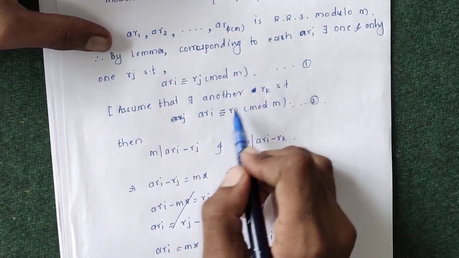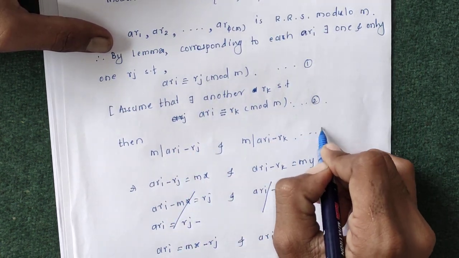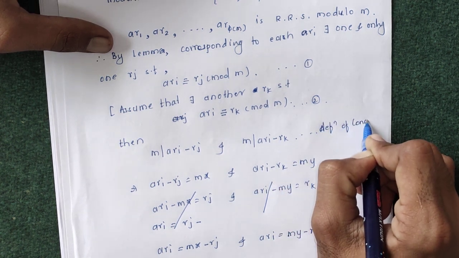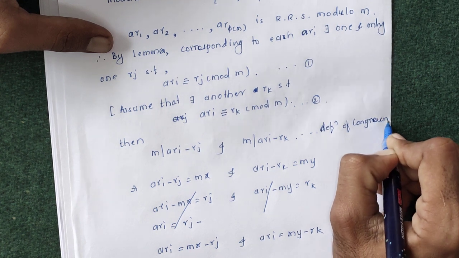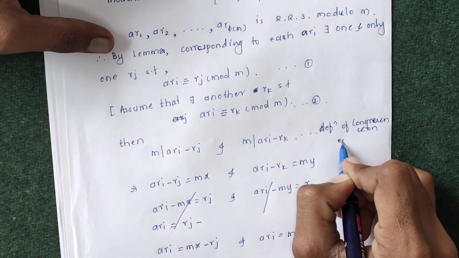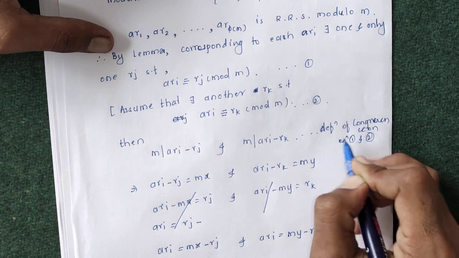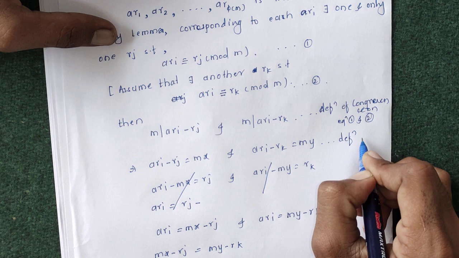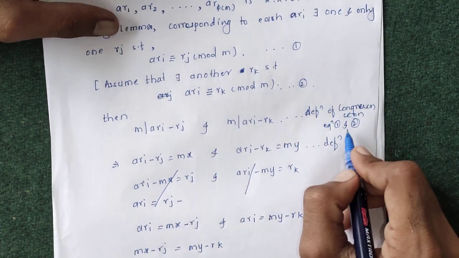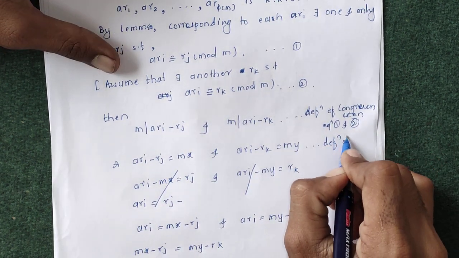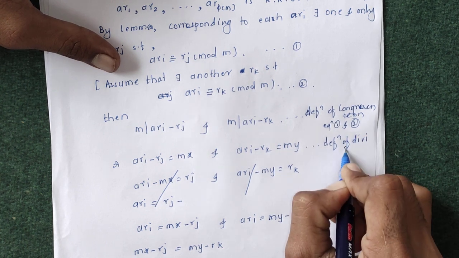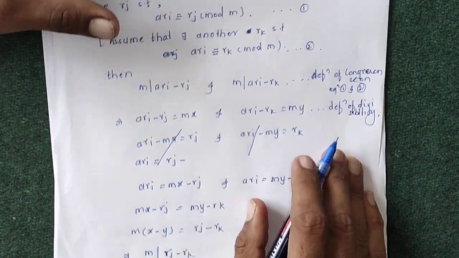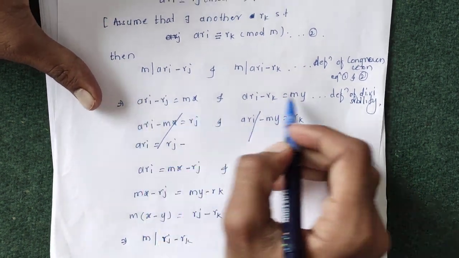Here, from equations 1 and 2 we used the definition of congruence, and this is by applying the definition of divisibility on these two terms, where x and y are integers.